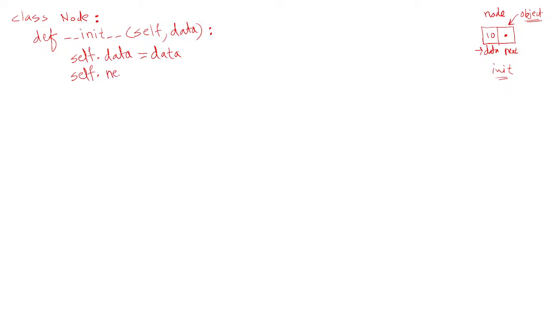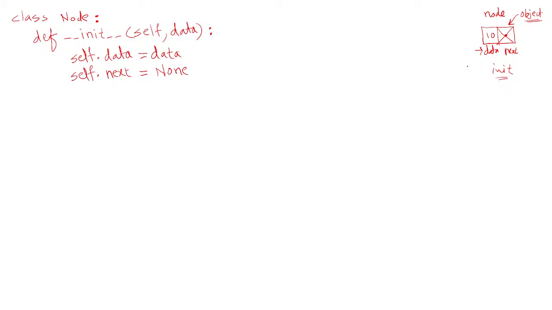It creates the variable called next, and since it is the first node, we store a None in the next pointer. Instead of null, in Python we call it None. So self.next is equal to None. So this is the class for creating a node object.